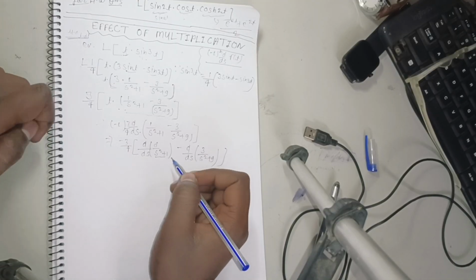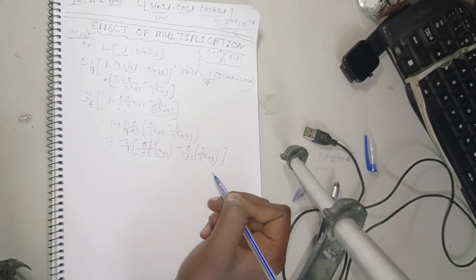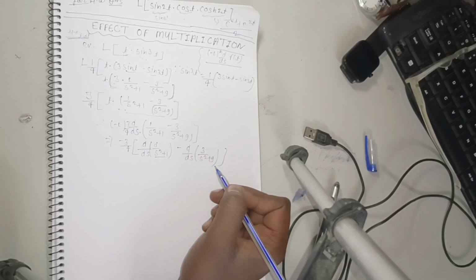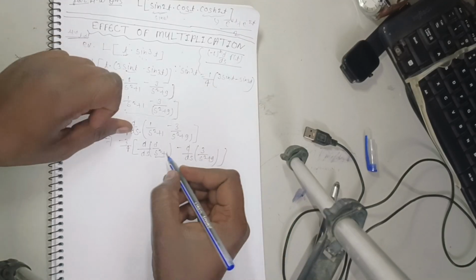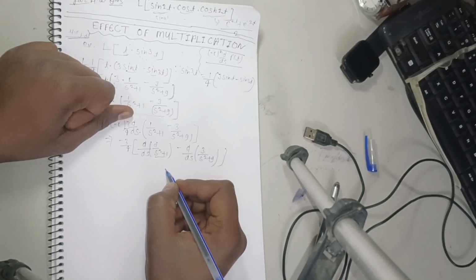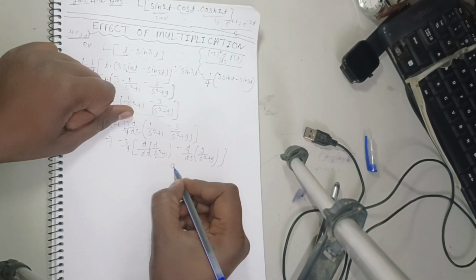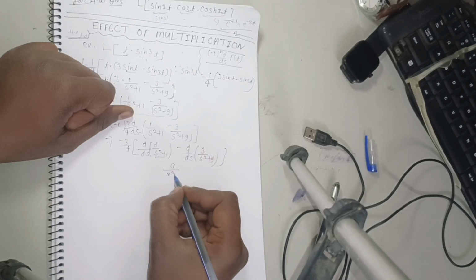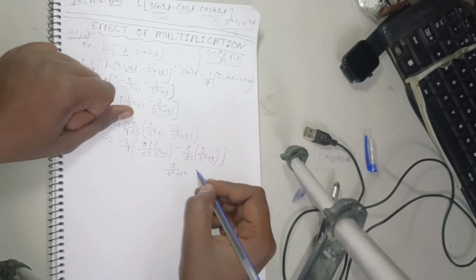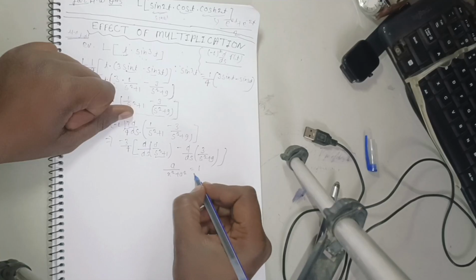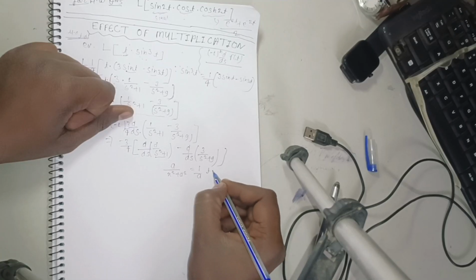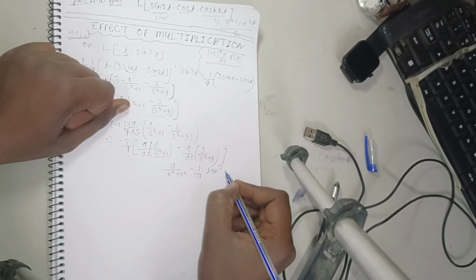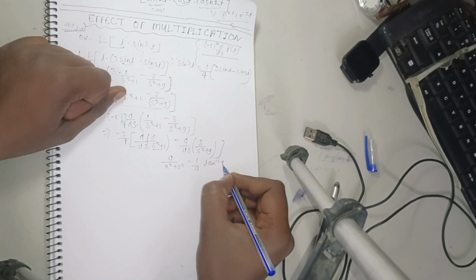It is 1 upon s square plus 1. I think here we can use the formula: a upon x square plus a square is 1 upon a tan inverse x upon a, right?